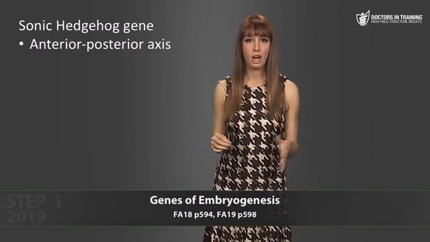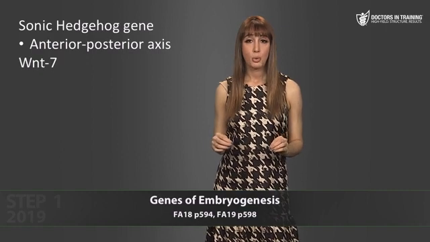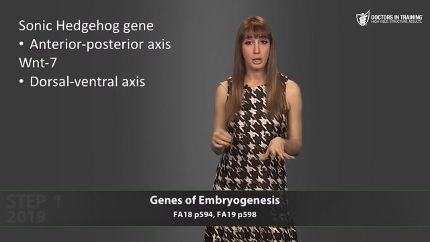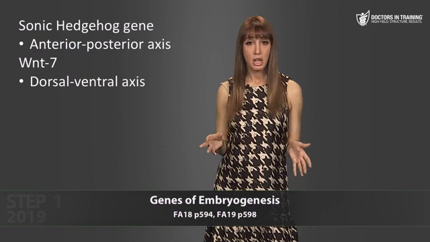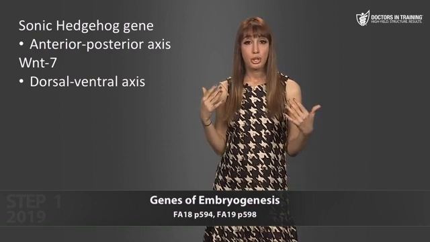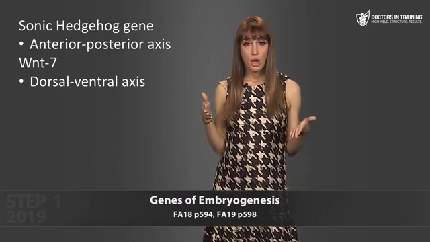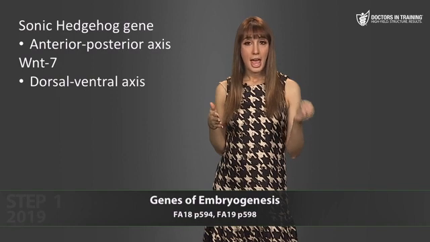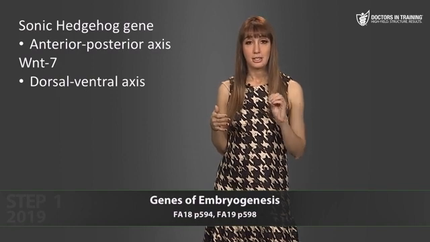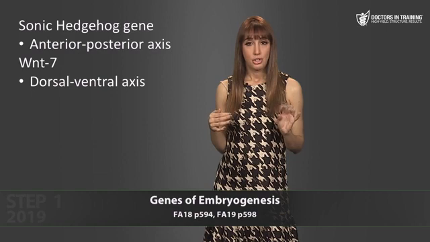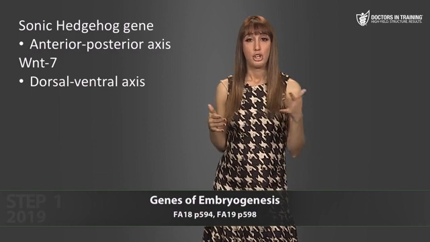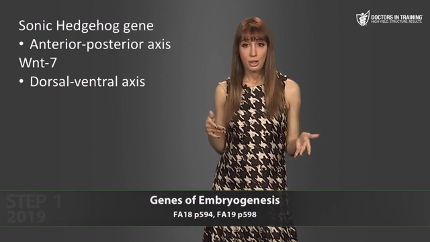So sonic hedgehog is important for organizing the embryo along the anterior-posterior axis in the craniocaudal direction. And there's another gene called WNT7, which is important for organizing the embryo along the dorsal ventral axis so that your feet and your nose are pointing in the same direction. One student suggested that the NT in WNT7 could remind you that this gene controls the direction of the nose and toes.